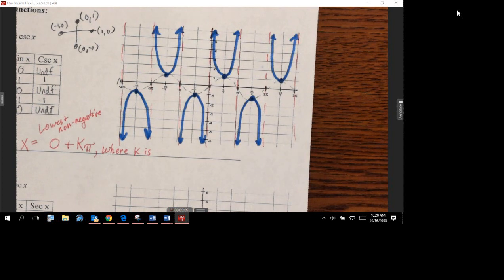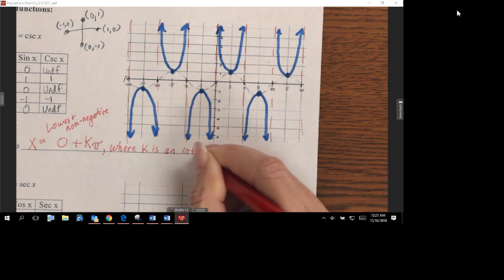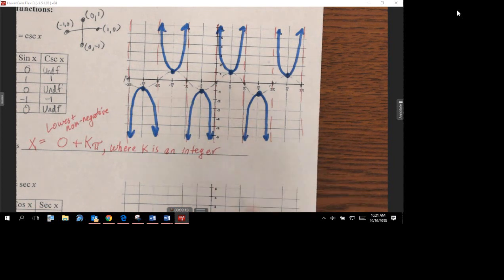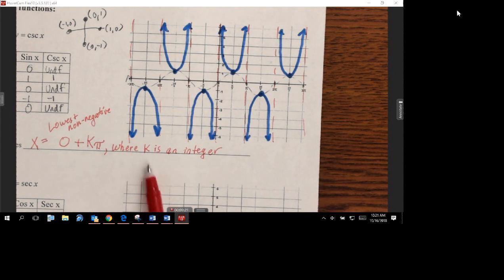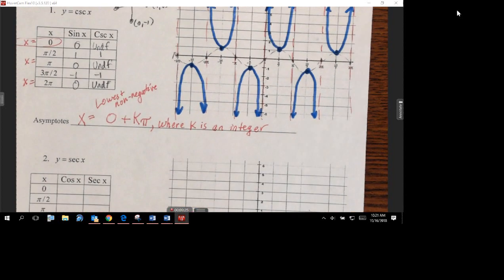Whole numbers, the definition of whole numbers is positive. Integers, yes. The word is integers. So when I use k, I'm going to have to specify that k has to be an integer, where k is an integer.